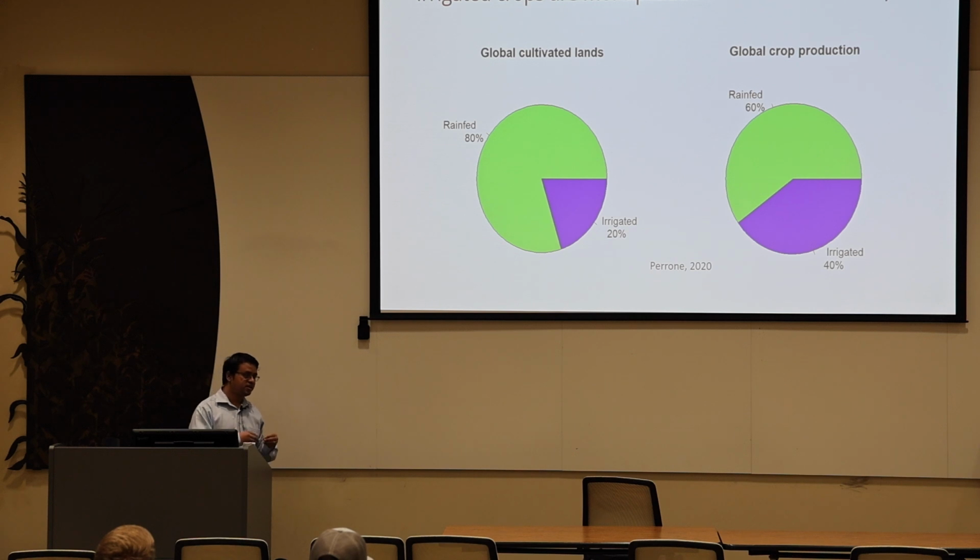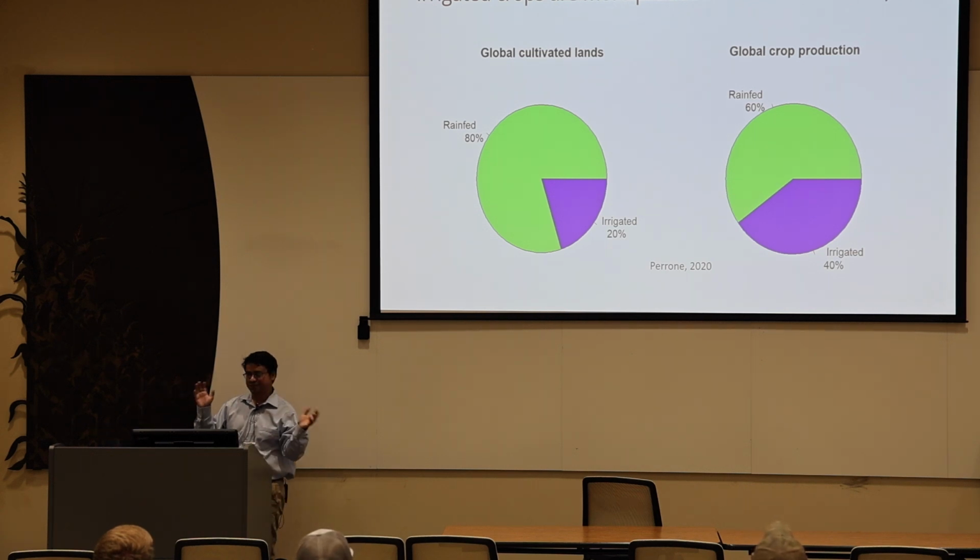It's because irrigated crops are more productive. Out of the total crop production globally, 80% of land is rain-fed agriculture, right? And 20% is irrigated, roughly 80-20, or 76-24, something like that. It's a very rough number, but there's more rain-fed agriculture across the globe than irrigated agriculture.